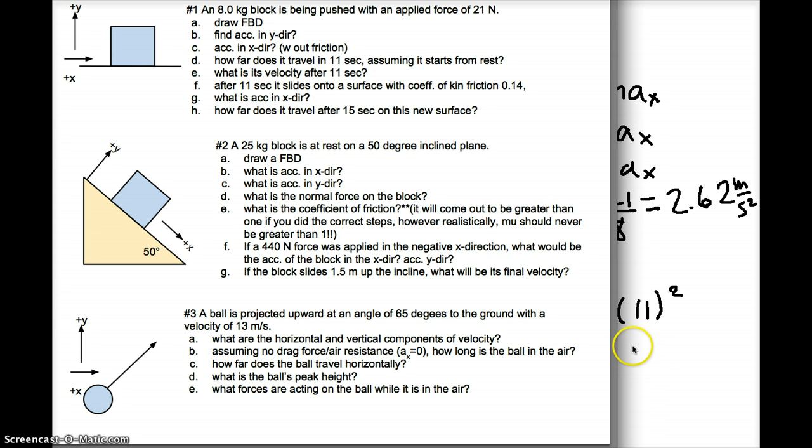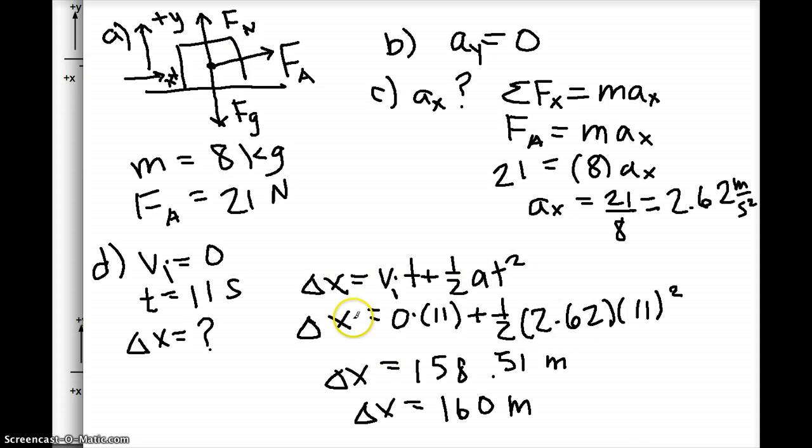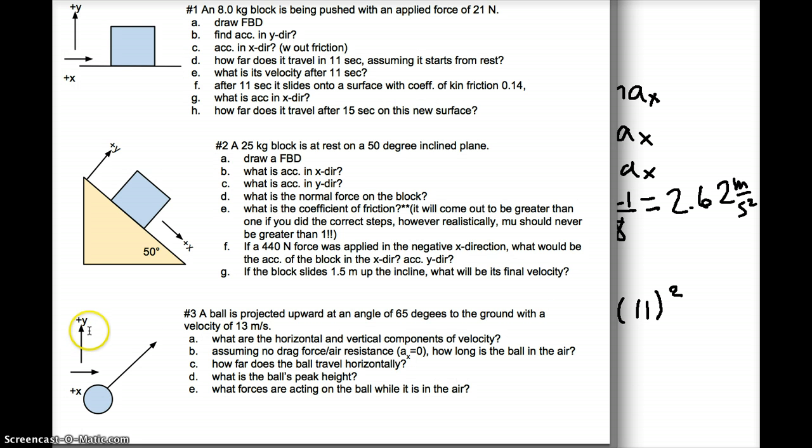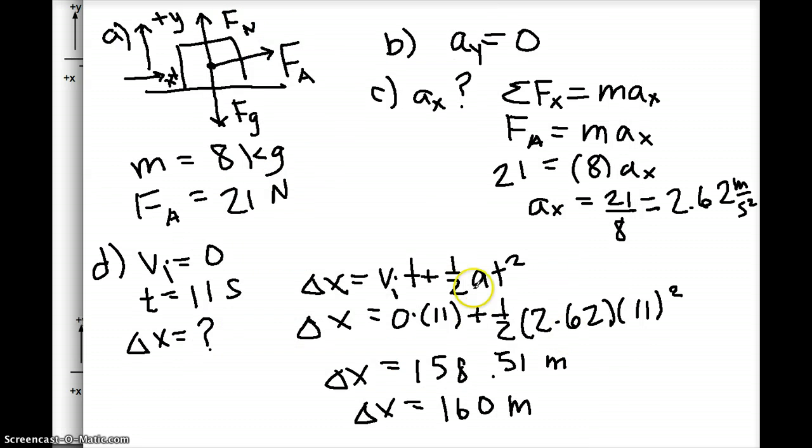This is another problem that I can solve using a kinematic equation. So final velocity after 11 seconds. If I want to know final velocity, and I know the time, the initial velocity, and the acceleration, this equation is going to help me out.